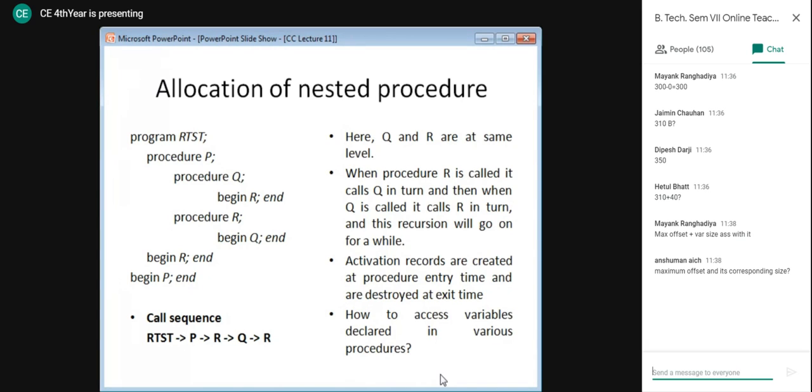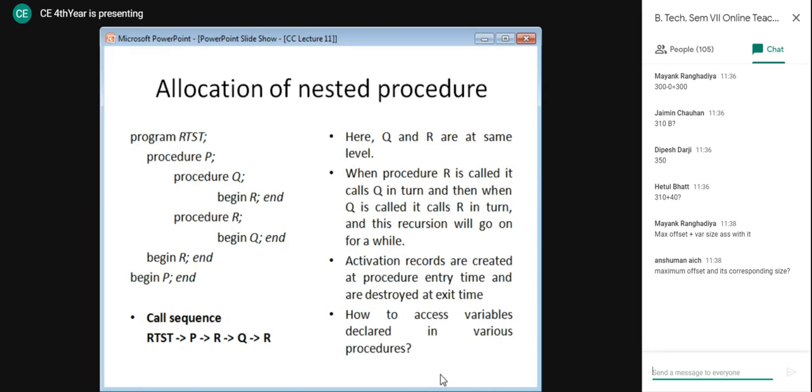These activation records are created at entry time and they are destroyed at exit time. This must be very clear, regarding the activation record and what information it is going to contain. Now, how to access the variables declared in various procedures? First and foremost, we must know which procedure's variables can be accessed by which other procedure, because of the nesting of procedures in the example we have taken.